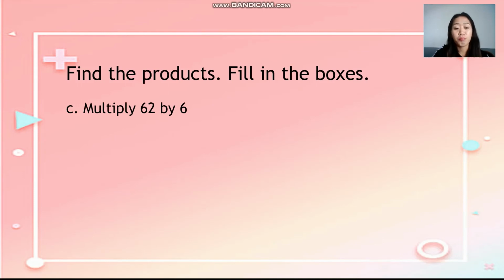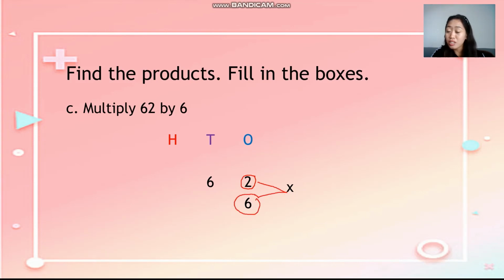Next, letter C. Let's read: multiply 62 by 6. Now let's answer. 2 times 6 equals 12. We write 2 in the ones place and carry over 1.